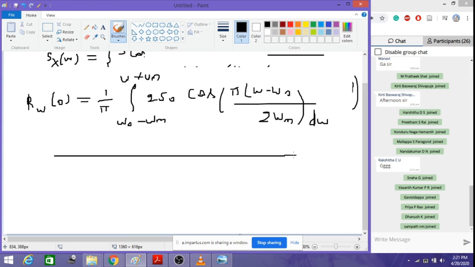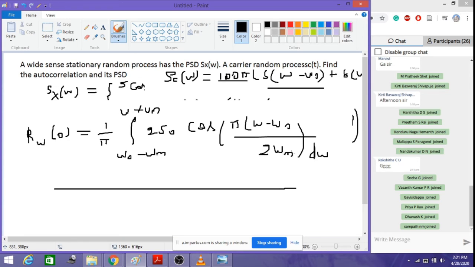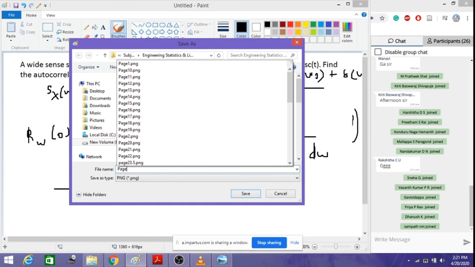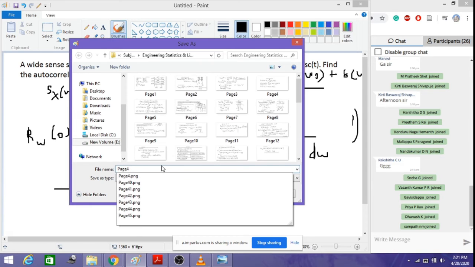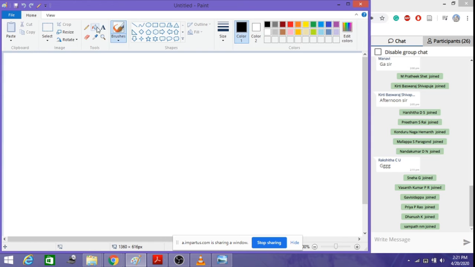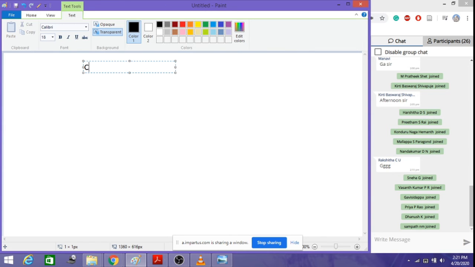Now let us look into the cross spectral density.